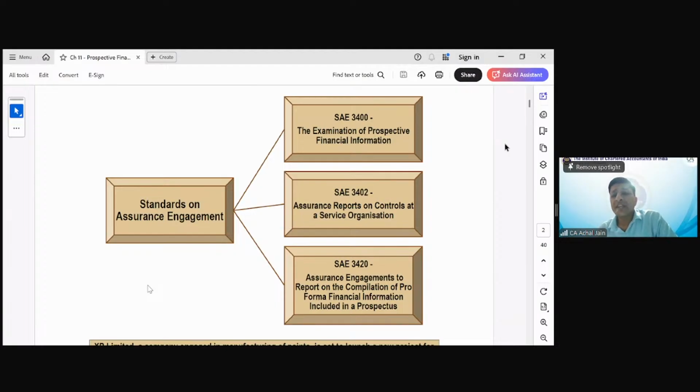Or the assurance engagements to report on the compilation of pro forma financial information, which is included in a prospectus. Now, all of these are what? All of these are auditing standards. You can say all of these are assurance in nature, wherein you are doing some sort of procedures, and on the basis of the procedures, you are required to issue the report.